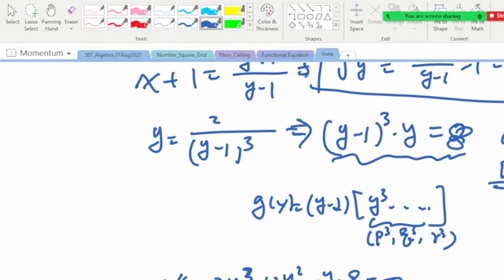Based on the rational root test, we can try plus or minus 1, plus or minus 2, plus or minus 4. Let's try 1 first, right? So 1, then negative 3, then plus 3, then negative 1, then negative 8 equals 0.